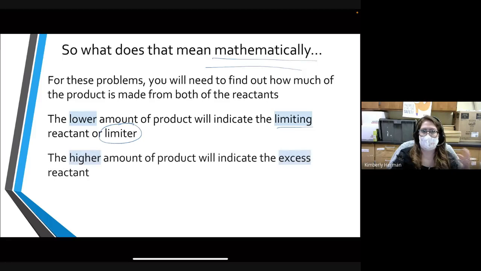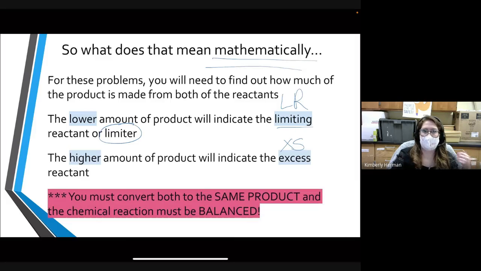The higher amount would be our excess reactant, and we can write it as XS, and the limiter as LR. And then you have to convert to the same product to figure out which one's lower and which one's excess. If you take the reactants and go to different products, you wouldn't be able to observe which one is lower and which one is higher.